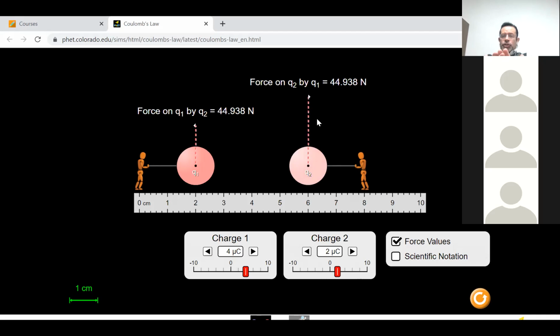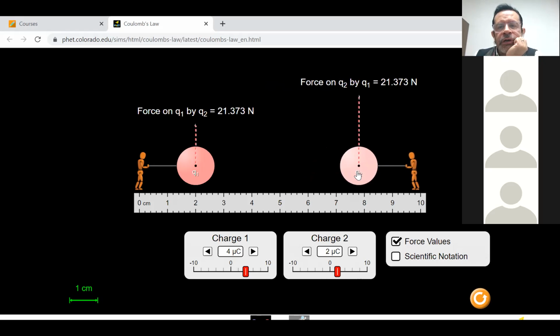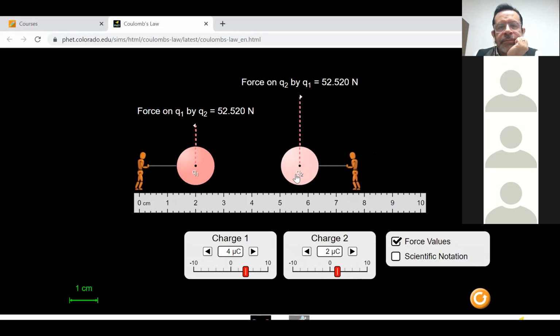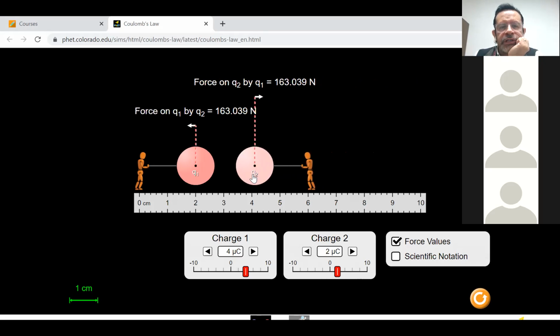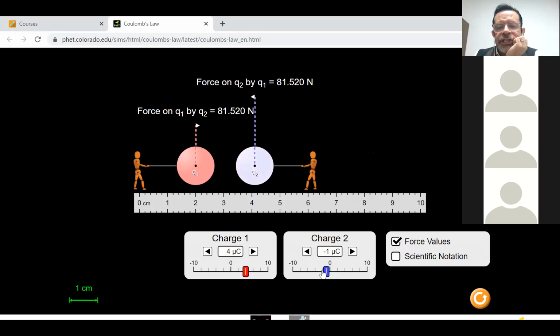They're going to be feeling a push. Because now the forces are going this way. And it's the same situation. If I go further, the force is less, but if I get closer, the force is going to be larger. And notice how the figures change. If I change the signs, the direction of the force changes, you see?